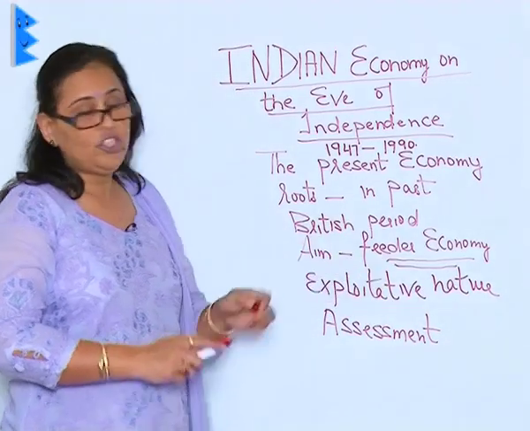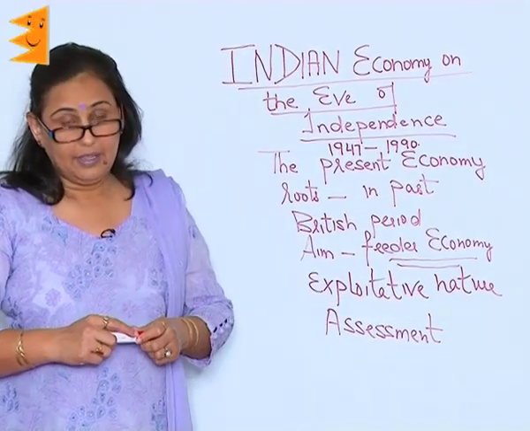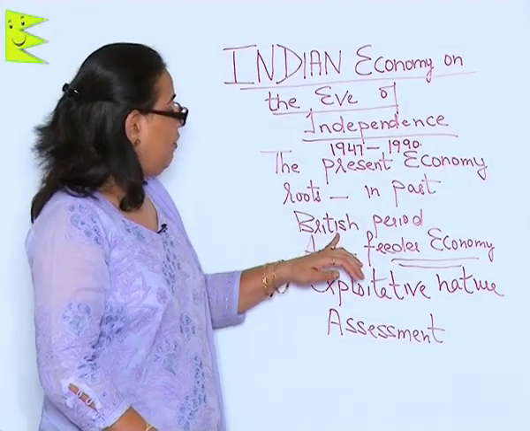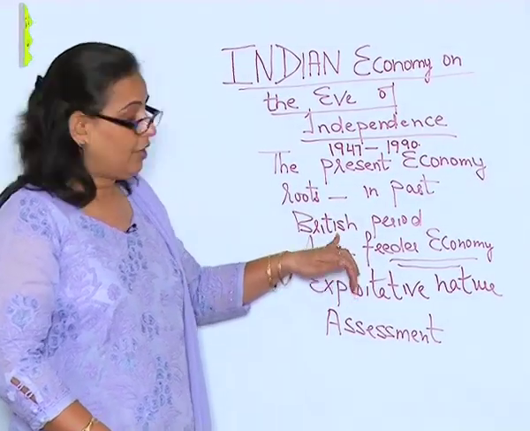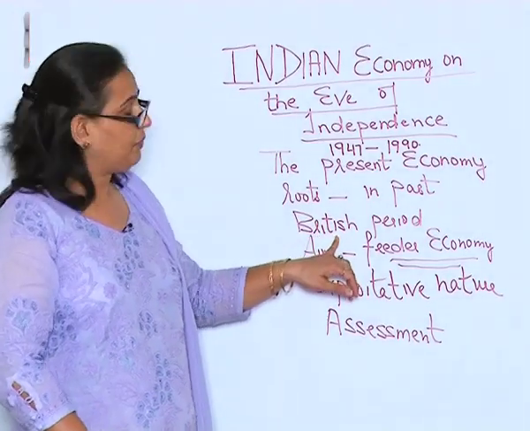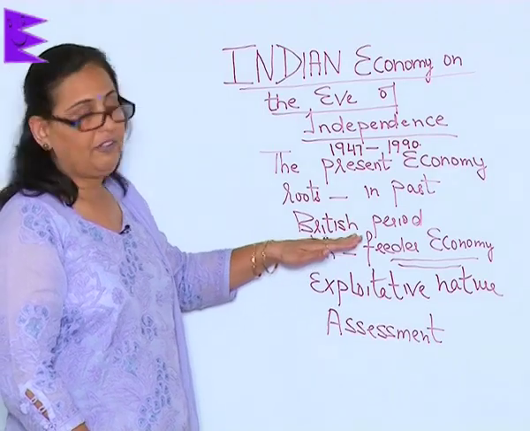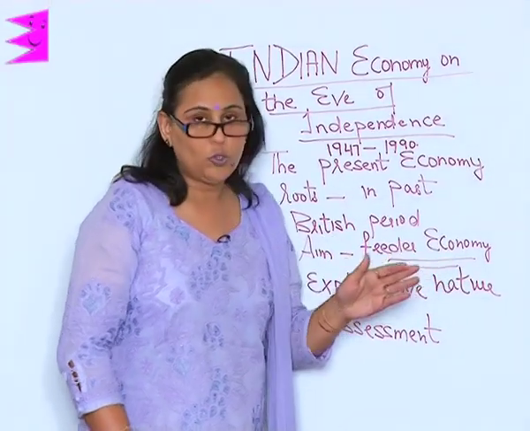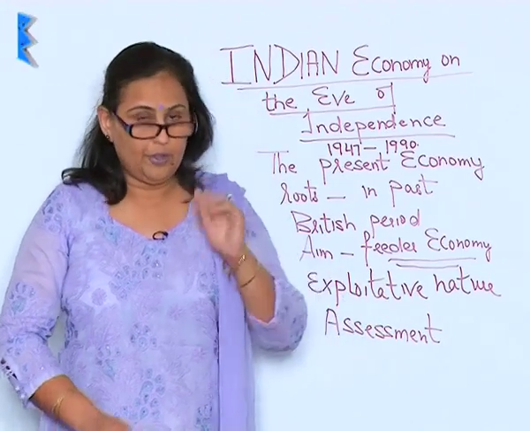Now, when such a thing happens, then naturally whatever is good for the mother country, the country that has colonized you, and here in the case of India, the Britishers, they wanted the Indians to grow a particular crop.